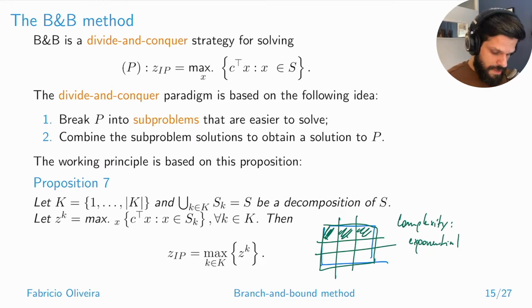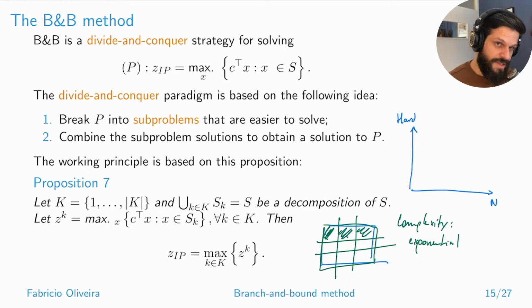It basically is telling us something like so, if you think of this graph, where this is the size of the problem, and this is how hard it is to solve it.